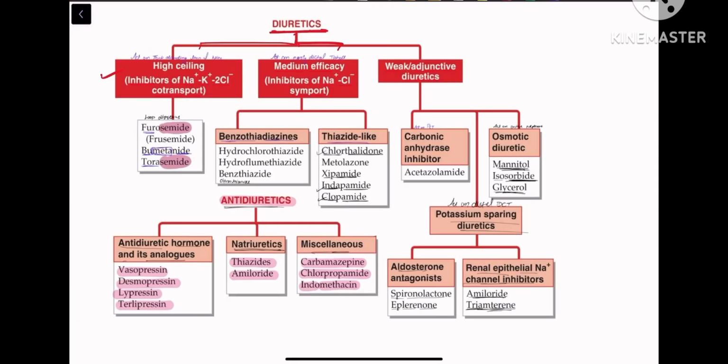Now the classification of the diuretics. The classification depends upon where they act. We have inhibitors of the sodium potassium chloride cotransporter, then inhibitors of the sodium chloride symport, and then the weak diuretics.